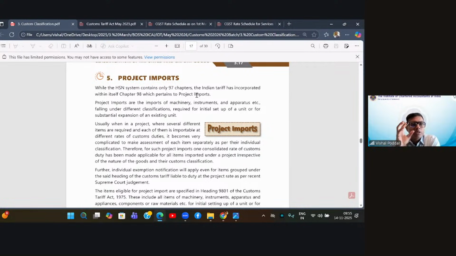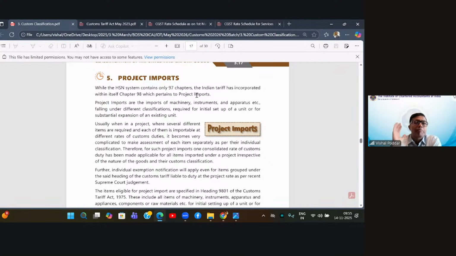And as we saw, chapter 98 has a special reference to project imports, whereby all these imports of all different parts will be taxed at the same rate. So this eases out your pressure. The classification problem is gone, or even the problem of having different rates and finding out the actual cost of my entire facility is simplified, because one rate will apply to all the products.